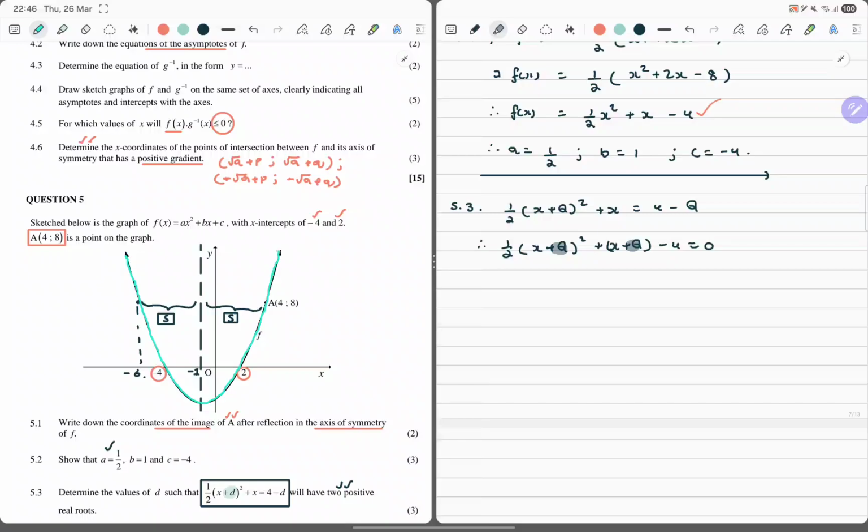So if we can just map this graph. So there we go. If we shift it like this horizontally, see the roots are going to be negative. But if we want them to be positive, we have to shift it this way. But of course, that's the smaller limit that it has to go. But now when it's 0 and this, we just have one positive root. So we want them to be both positive.